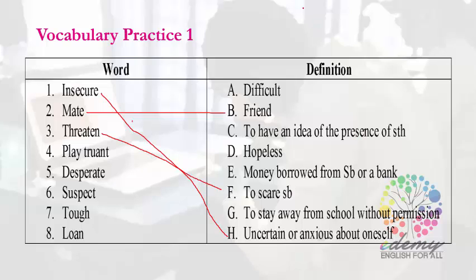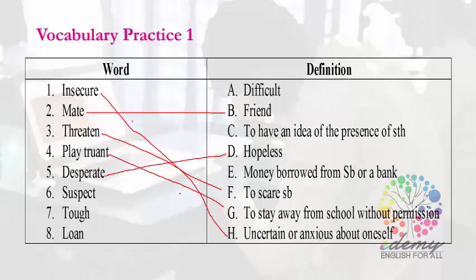Play truant: stay away from school without permission, so the answer is G. Then desperate means hopeless, so the answer is D.